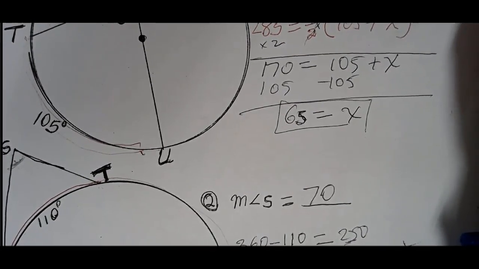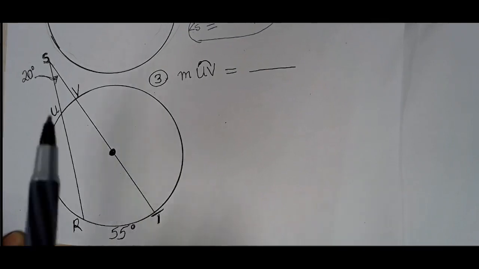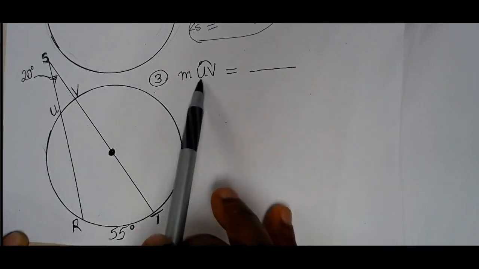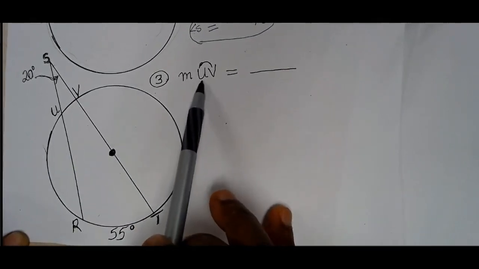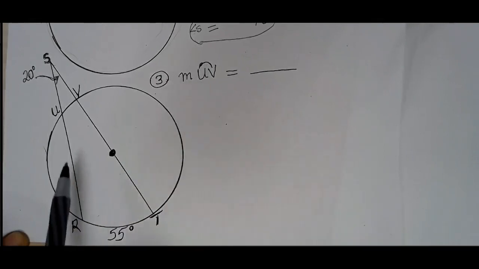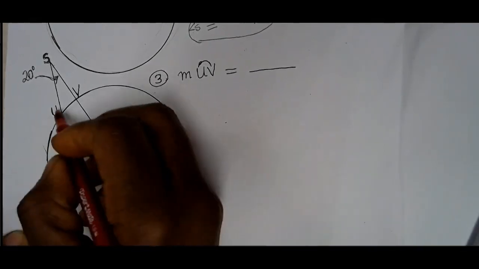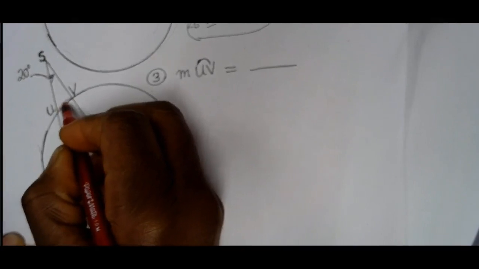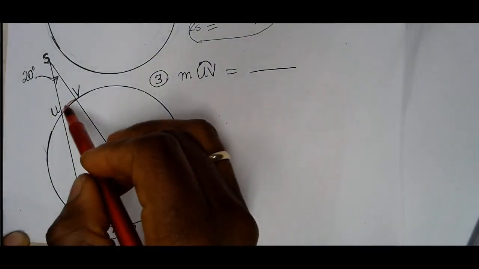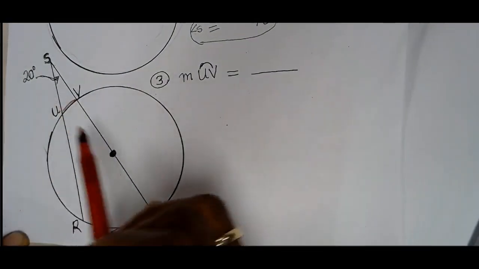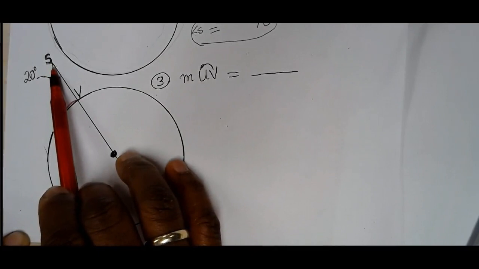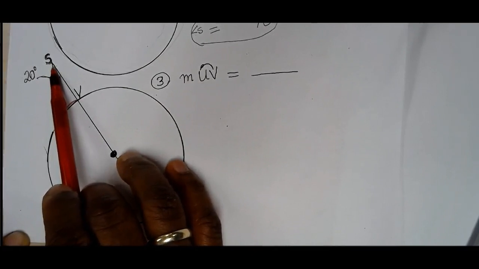Okay. Next, here we are asked to find the measure of arc UV. UV is right here, this tiny part. Again, the angle is outside, so we are going to subtract.